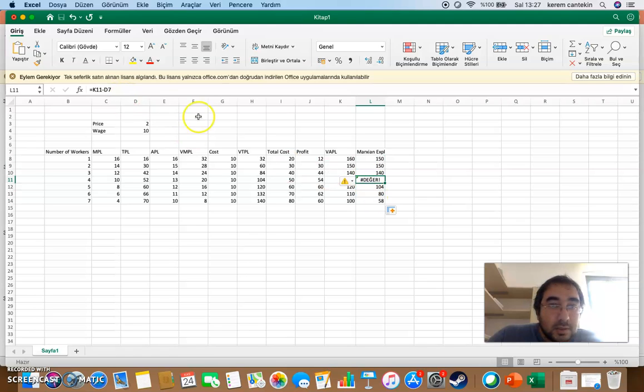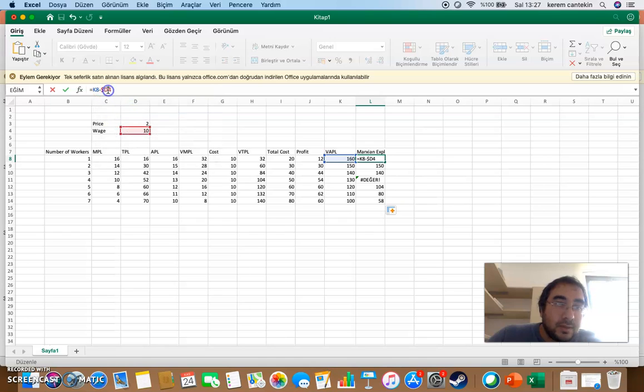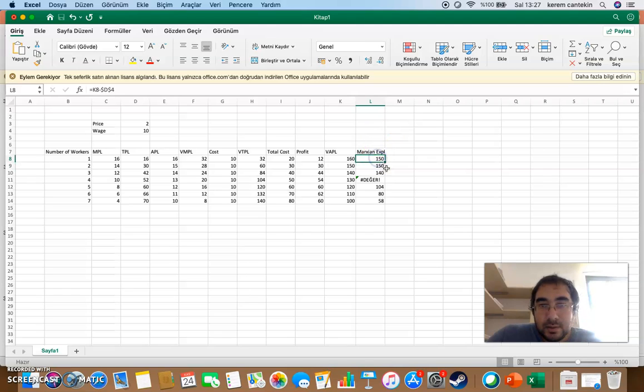Oh, sorry. Of course, I need to fix this. As you see, on average, exploitation is decreasing, but of course, the total amount of exploitation is increasing because now you are exploiting two workers.